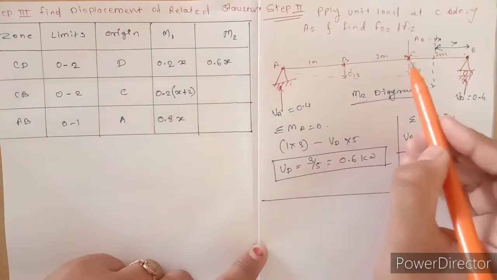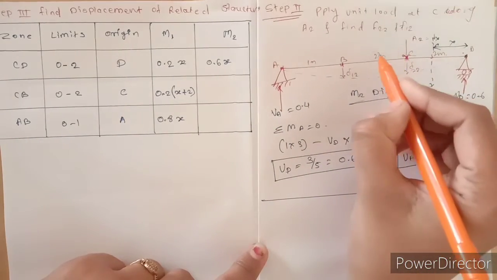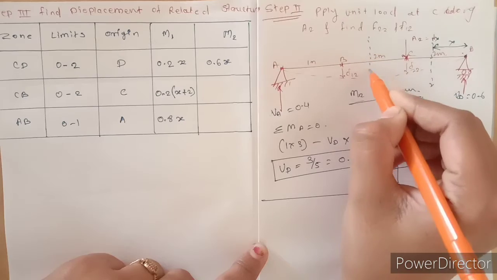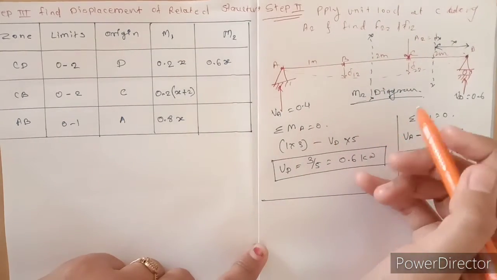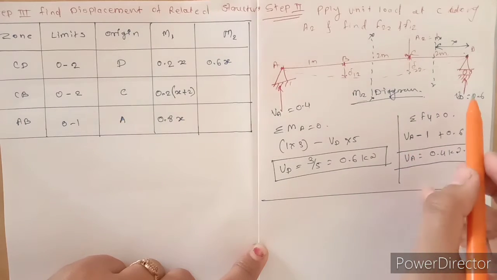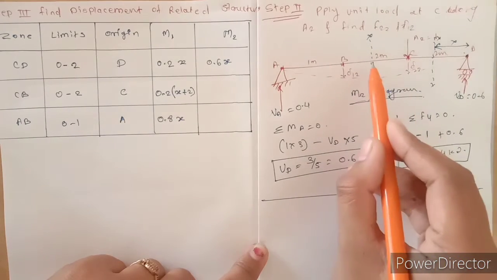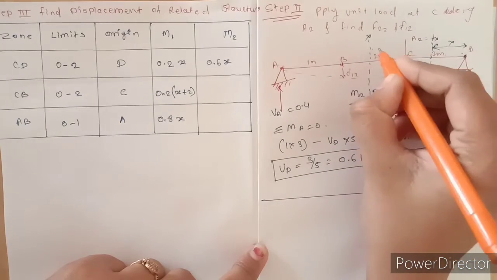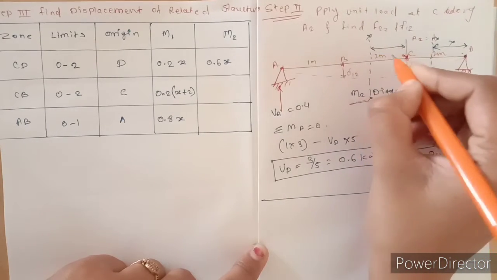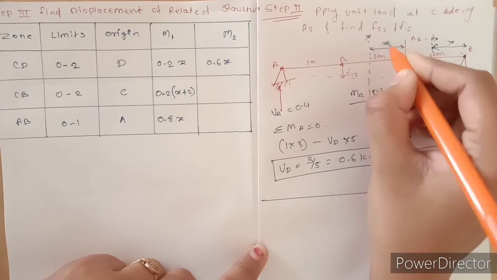Then similarly for CB, put x axis over CB zone, and then next take movement. So here this 0.6 into total distance is, here origin is C. So from C point to axis x distance is x meter.